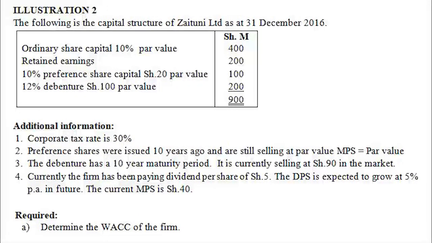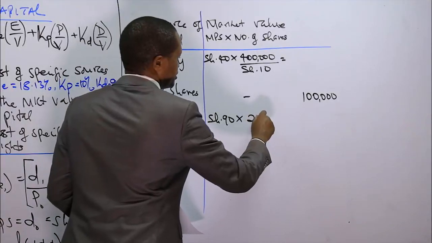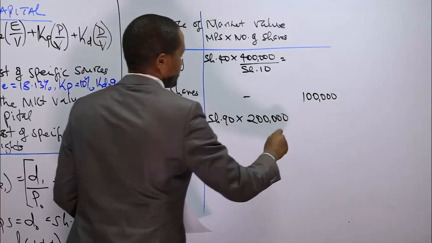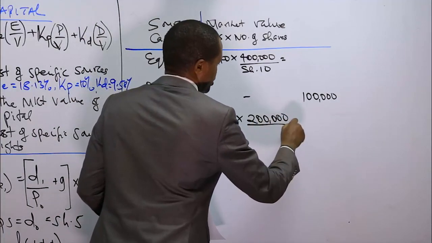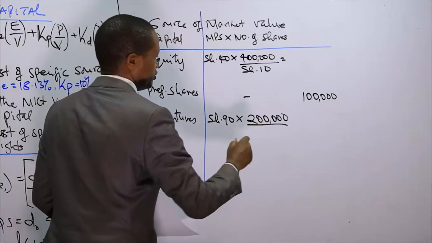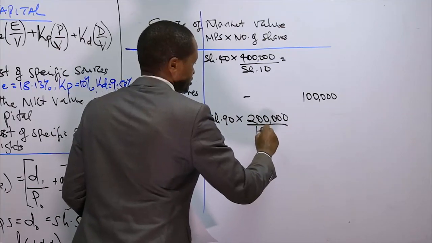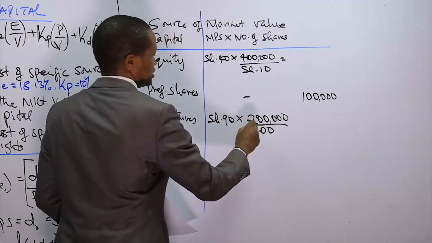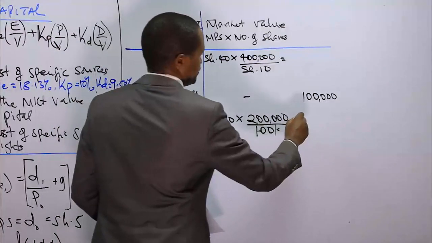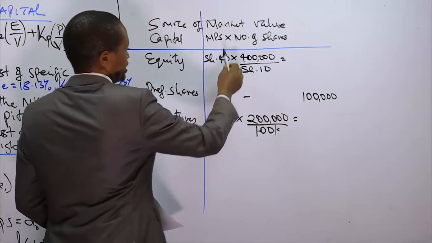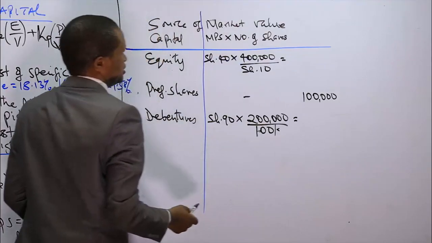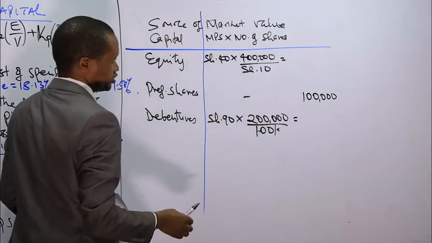We are given 200,000 shillings as the total value for debentures, and we divide by the value per debenture, which is 100 shillings. That will give us the market value for the specific sources.